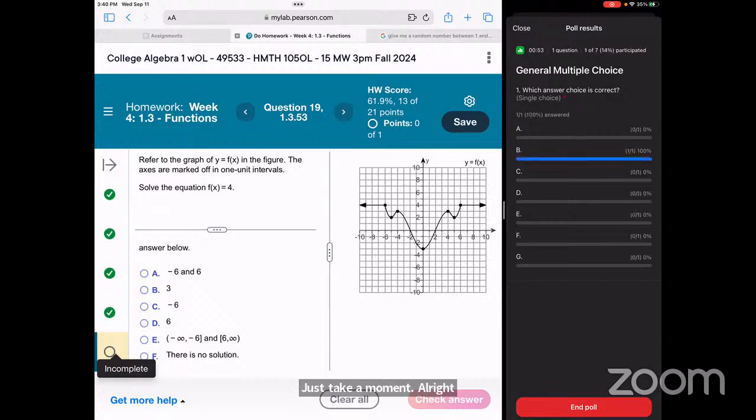So what are the corresponding x values where y equals 4? Okay. So I am leaning towards this result.